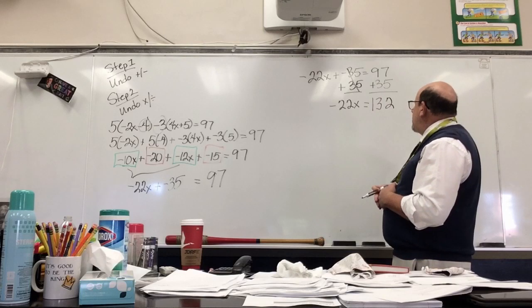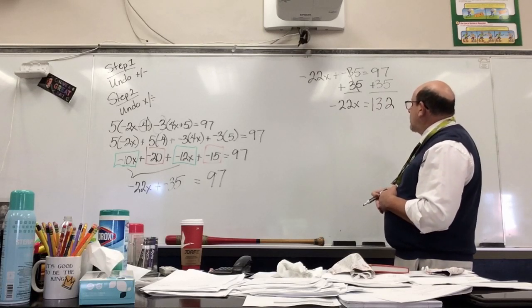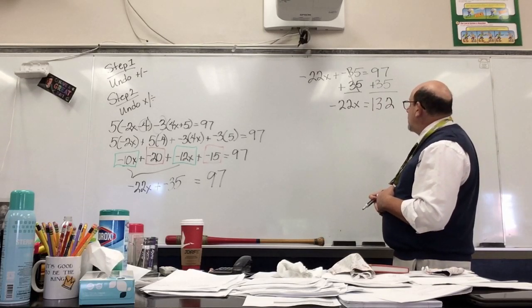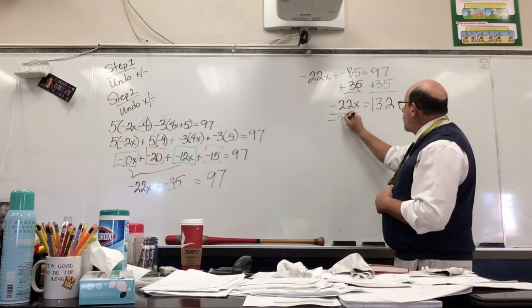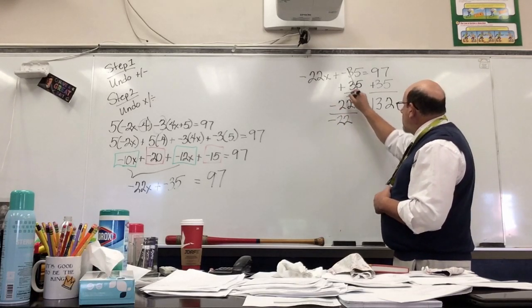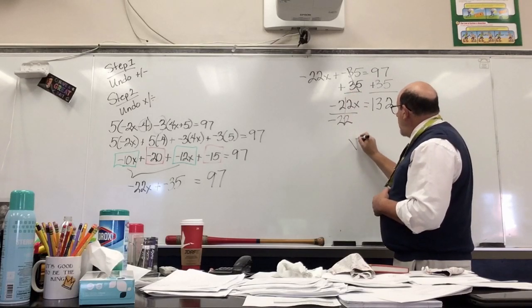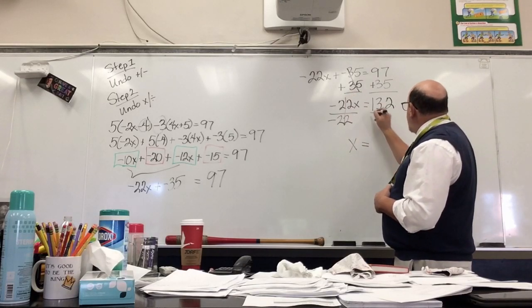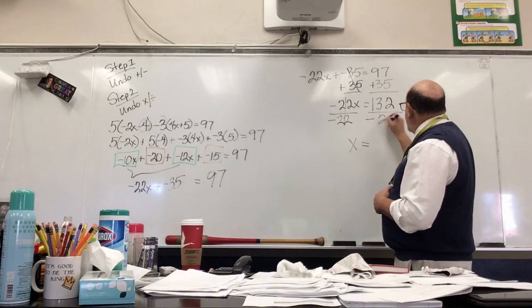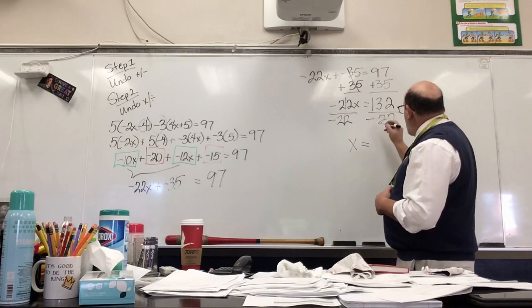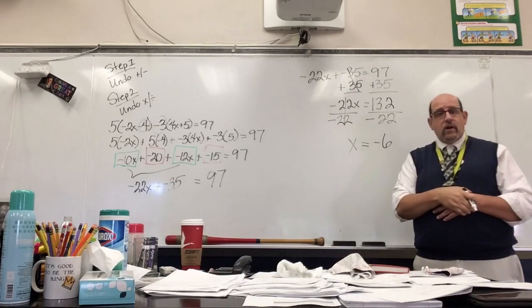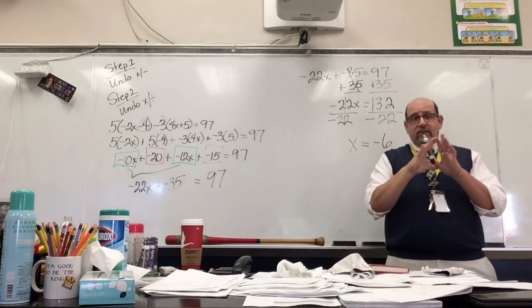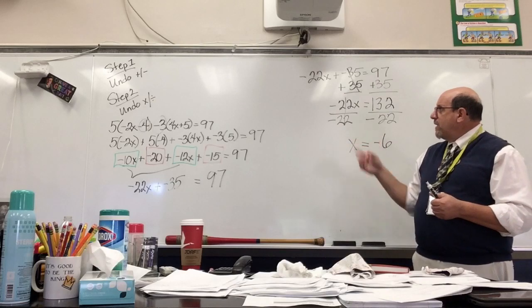Let's see, it should be about 6, right? Yeah. So if I divide both sides by negative 22 to get my x to 1x, and then I divide this by negative 22, I end up with negative 6. All right? And that's really it. That's the end of it. No big deal.